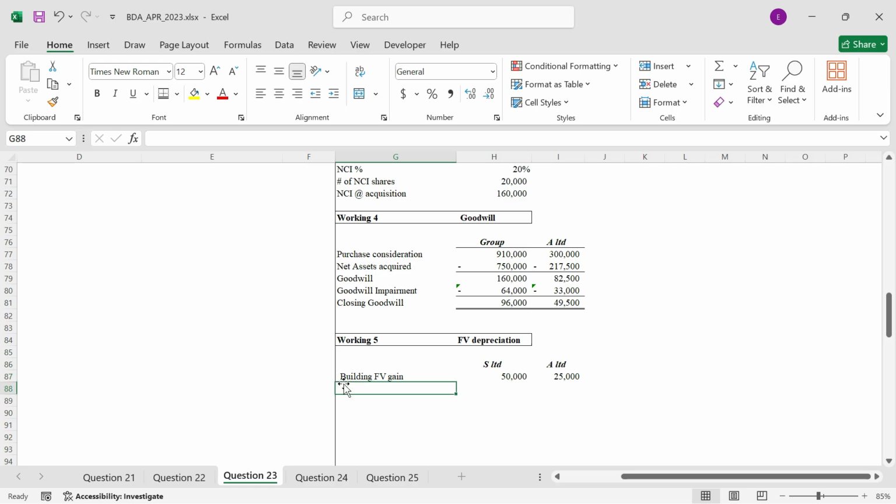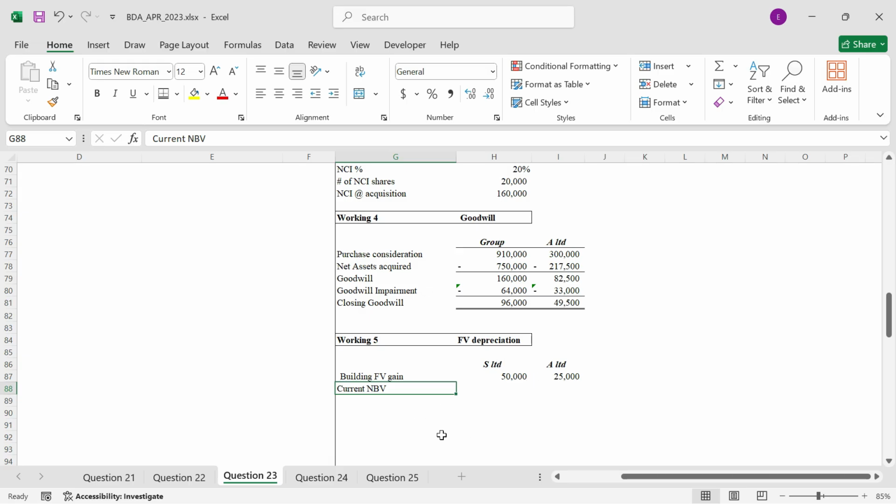So the current NBV of this will be 50,000 using 2% per year every year for a period of 4 years. And for A will be 25,000 using 2% per year every year for 3 years.